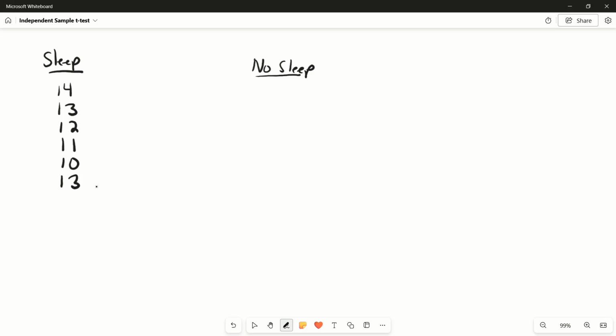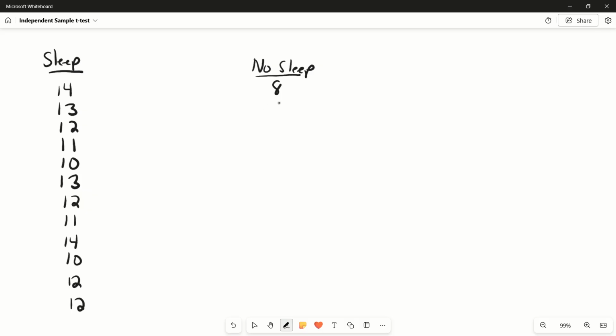So these are the number of correct items out of 15. So just double check: 14, 13, 12, 11, 10, 13, 12, 11, 14, 10, 12, 12. Good. And then the no sleep group.